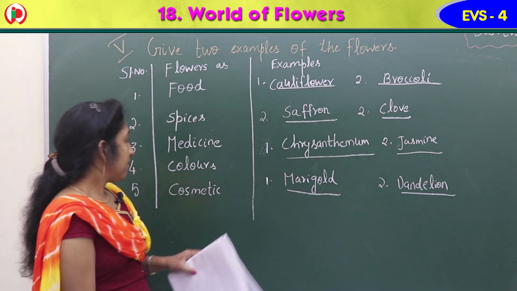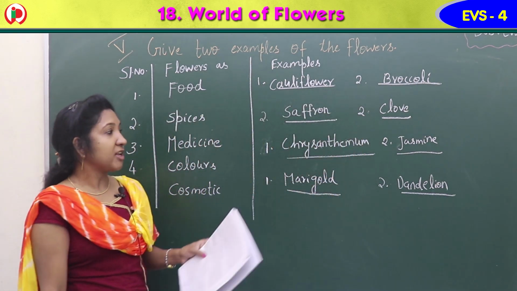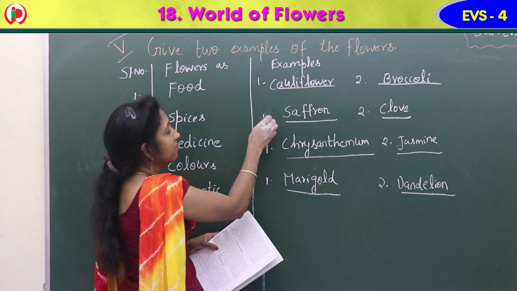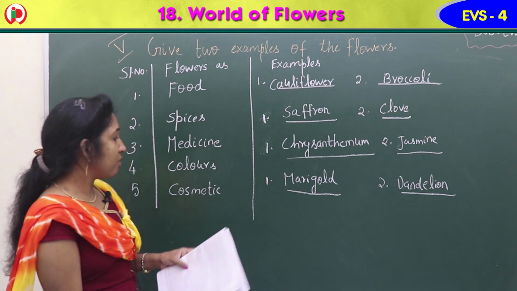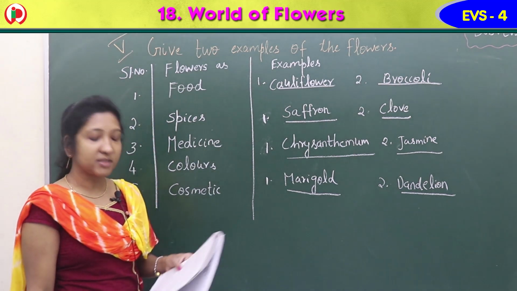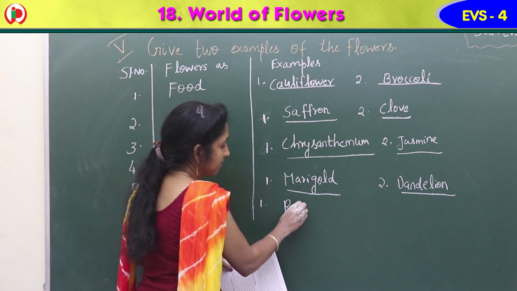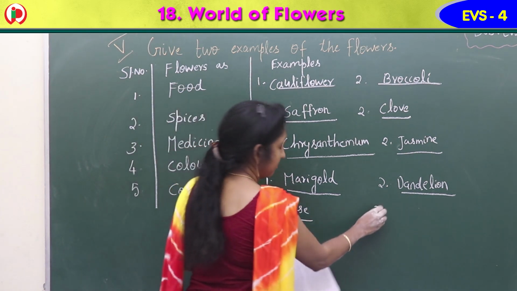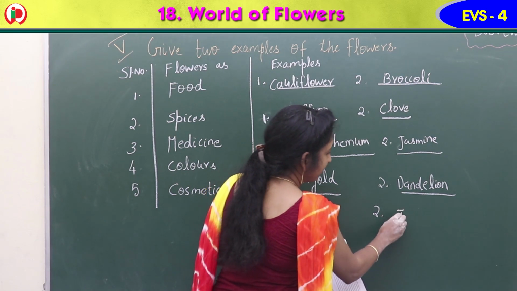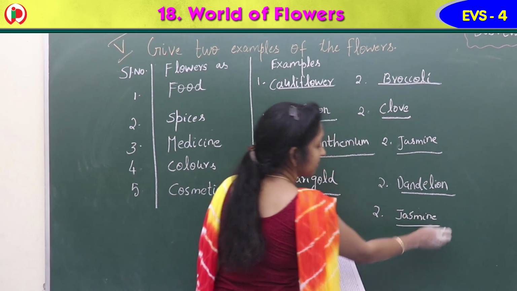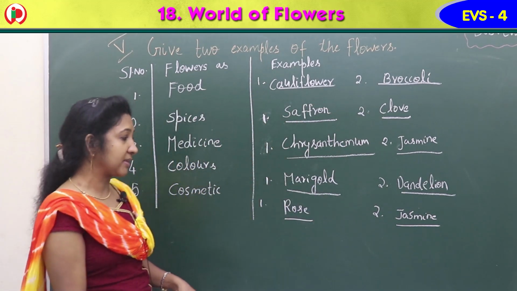So flowers as colors are marigold and dandelion. Okay, now the last one, flowers as cosmetic. Yes, first one rose, then jasmine. These are the flowers we use as cosmetics to make cosmetic products.